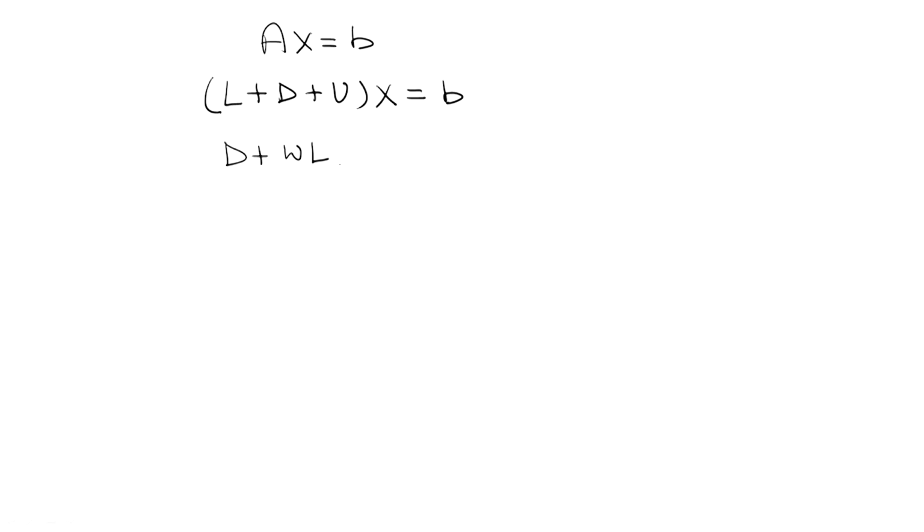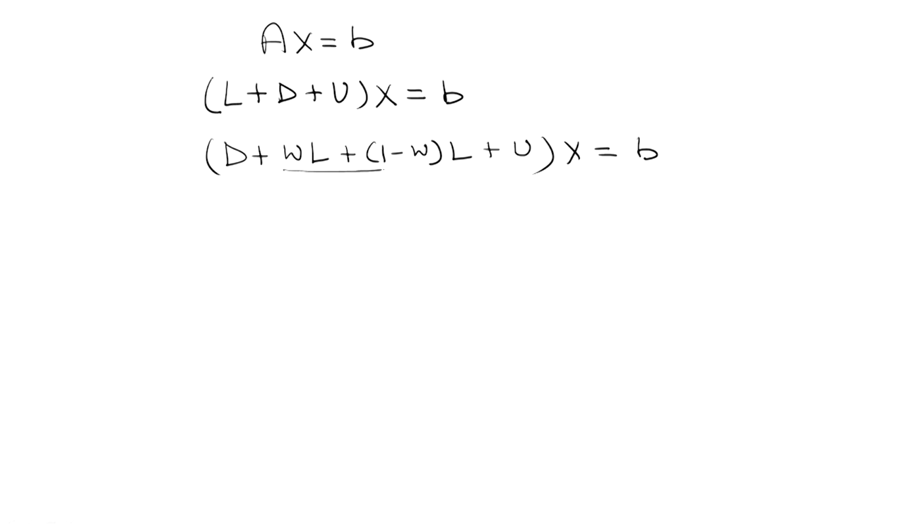Now consider Ax equals b. Write A as the sum of three matrices L, D and U, times x equals b. Now what you do is write D plus omega L plus 1 minus omega L plus U, into x equals b, where omega is some scalar.